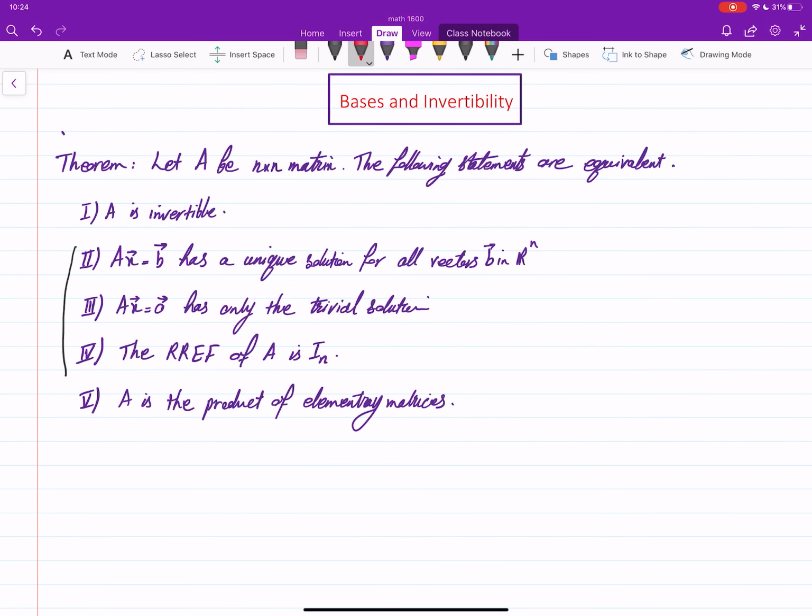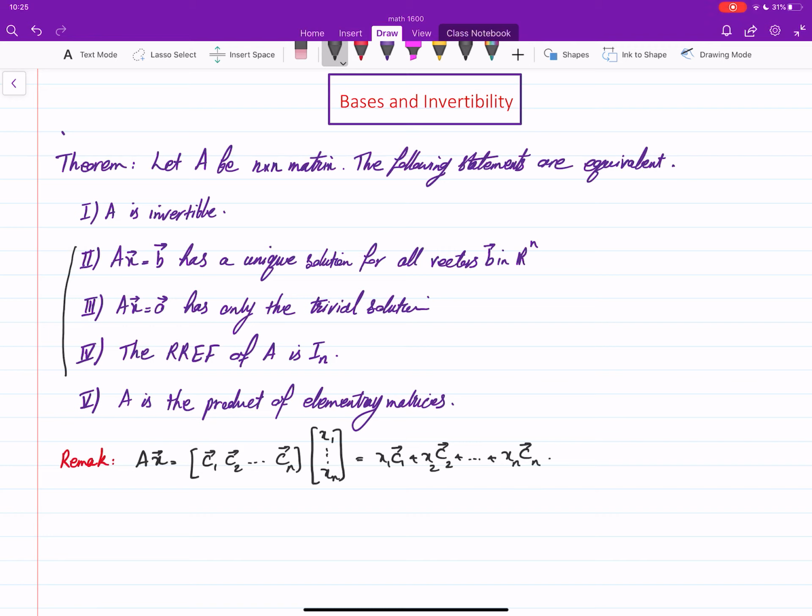Before I start, I'd like to make this remark: when you have a square matrix, or any matrix actually, and you multiply it by a column vector, and I denote the columns of this matrix by C1, C2 up to Cn, and the vector itself is x1 up to xn, then the matrix multiplication gives us x1 c1 + ... + xn cn, the linear combination of the columns with the coefficients coming from the components of that vector x.